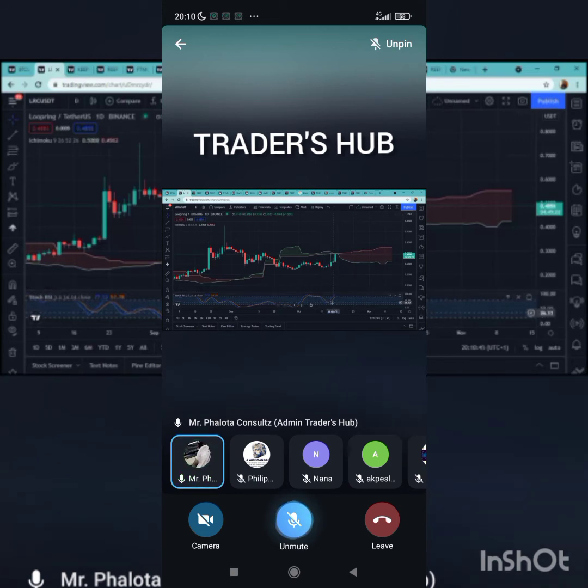Whenever you see this crossover like this on your 4-hour chart, you mark that exact point on your candle.